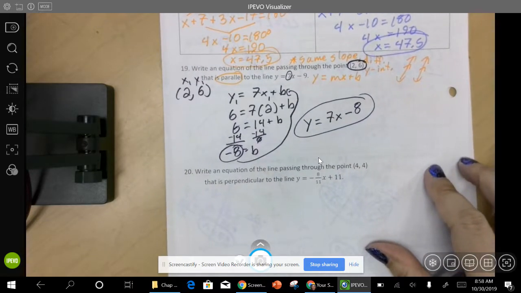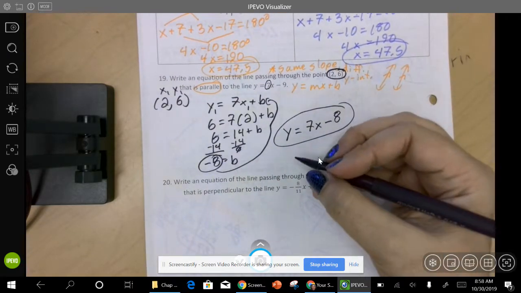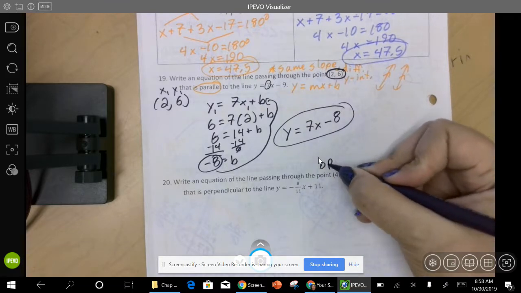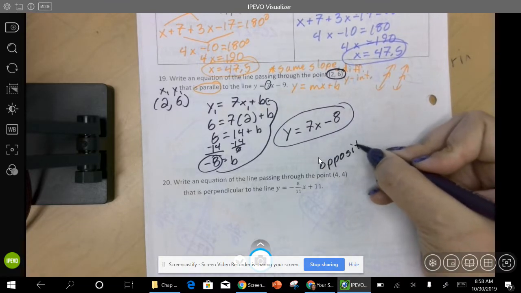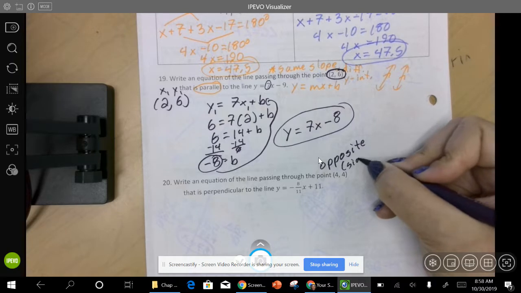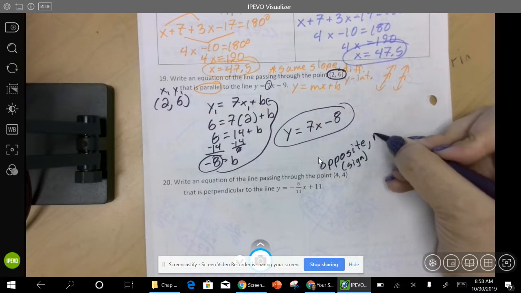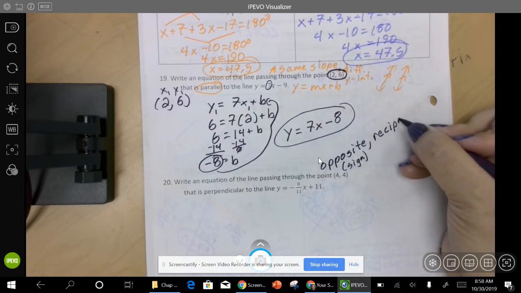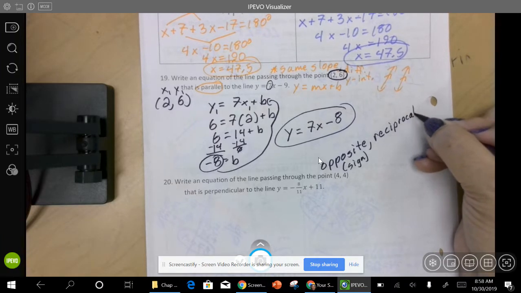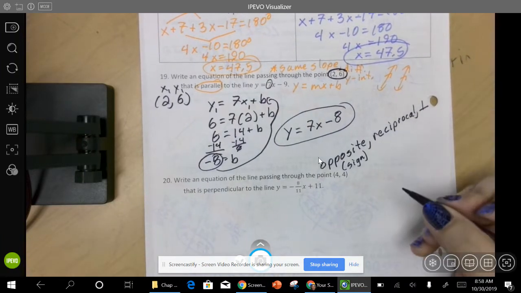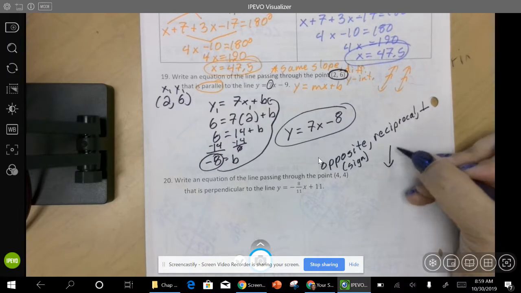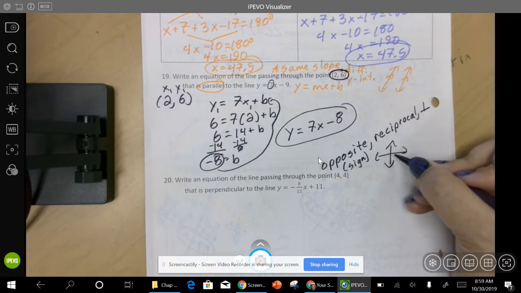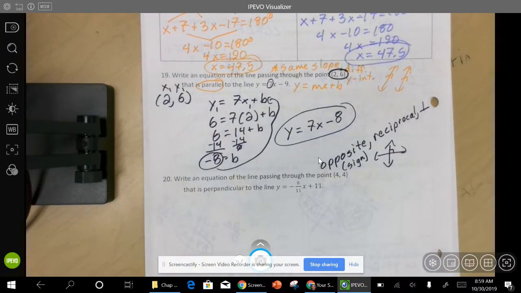Okay, write an equation that is perpendicular. Perpendicular, everybody remember, is opposite reciprocal. So opposite sign, opposite reciprocal. Flip the fraction. Perpendicular, remember, means that they're going to intersect at 90-degree angles.